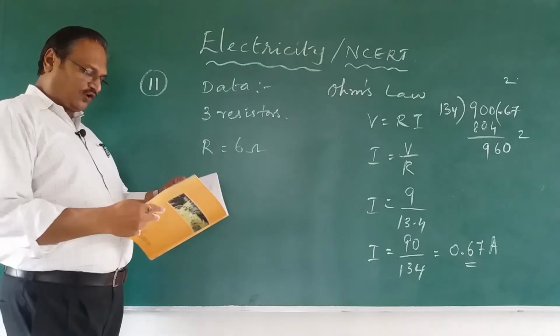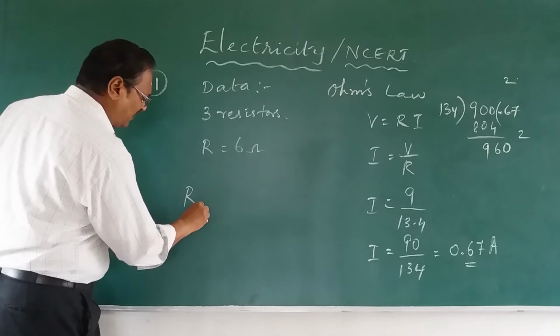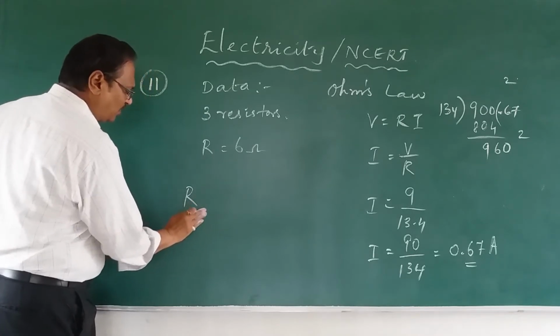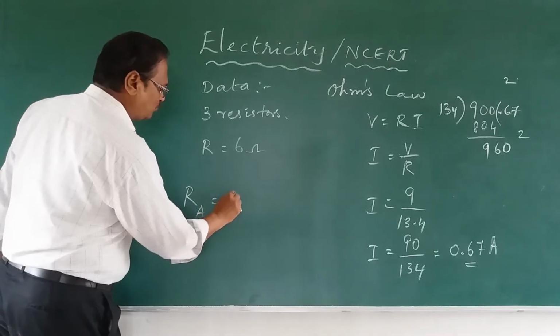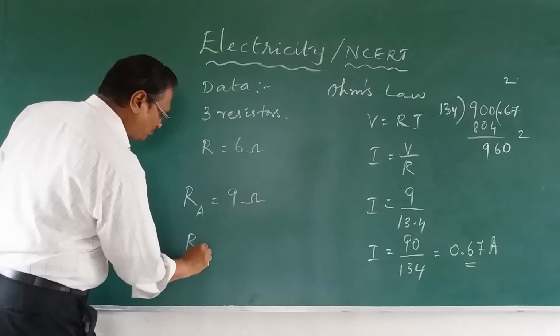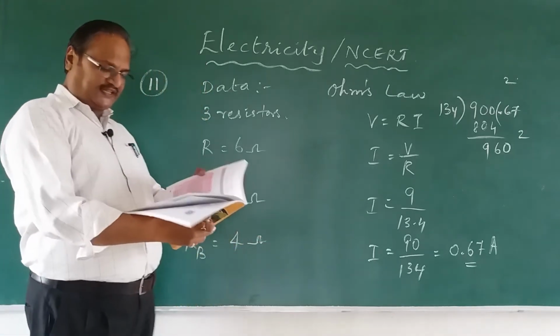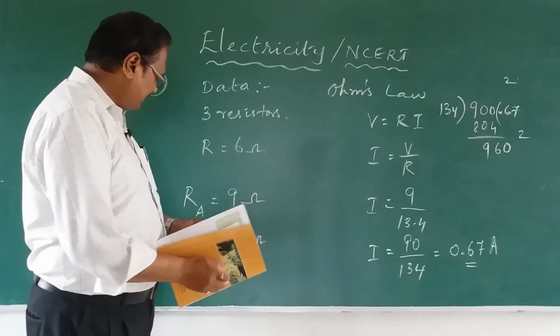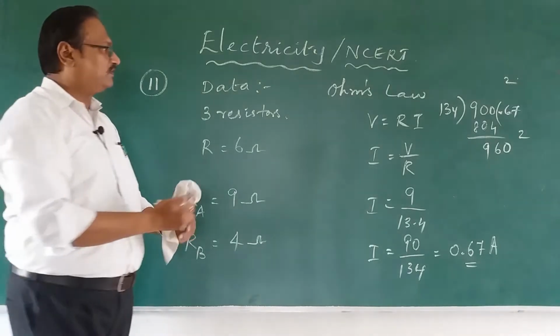So that the combination of resistance, let us say R1, I think R1 you will get confused, RA, we can say, that should be 9 ohm, and RB should be 4 ohm. Okay, you have to connect them in such a way that you get 9 ohm and 4 ohm as the effective resistance. Okay, now let me try to solve this problem.